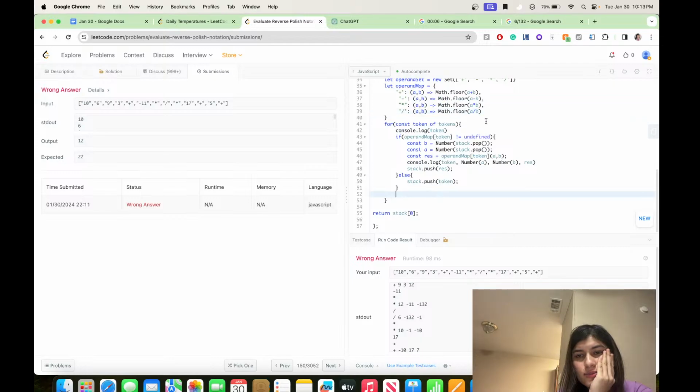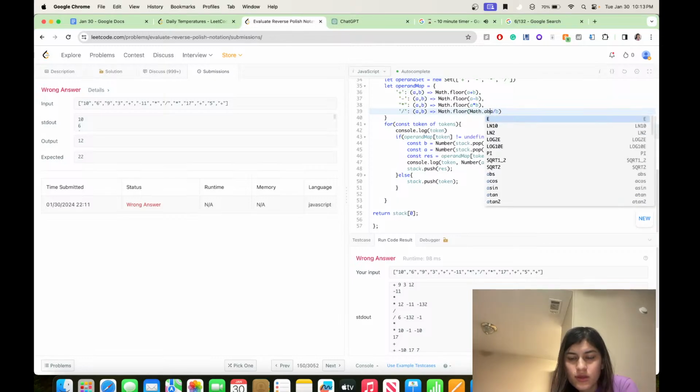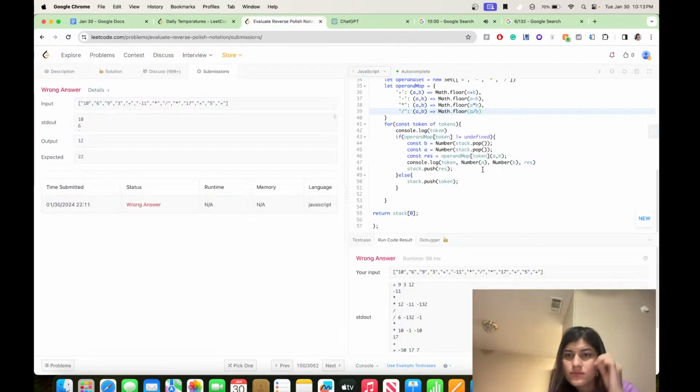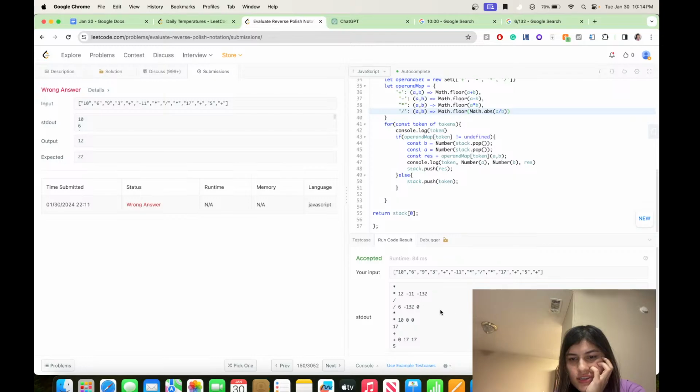So it should also be math.x actually. Okay, I got it. So if any number is negative, then absolute. So this is what changes, right?